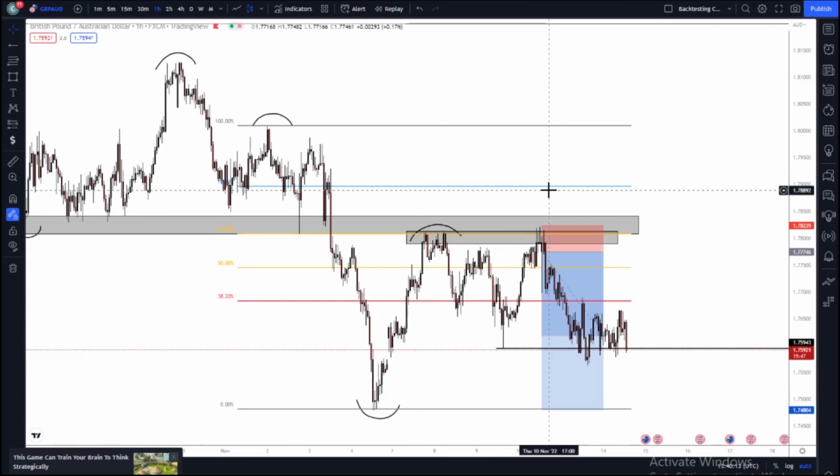Price created a double tap. On that same double tap, you can see rejections, and we find our confirmation candle. That's where we take the trade, baby. As simple as that. Get my point?